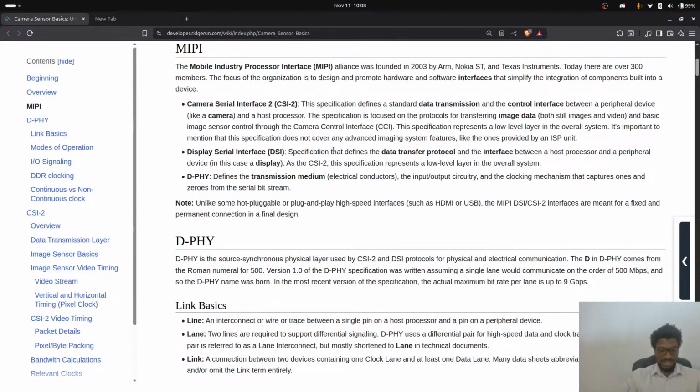This is an STM32N6, which also has a CSI2 port for the camera, and I have an FPGA here, which is a Tiny Clue NX33, and it has MIPI ports over here for cameras.